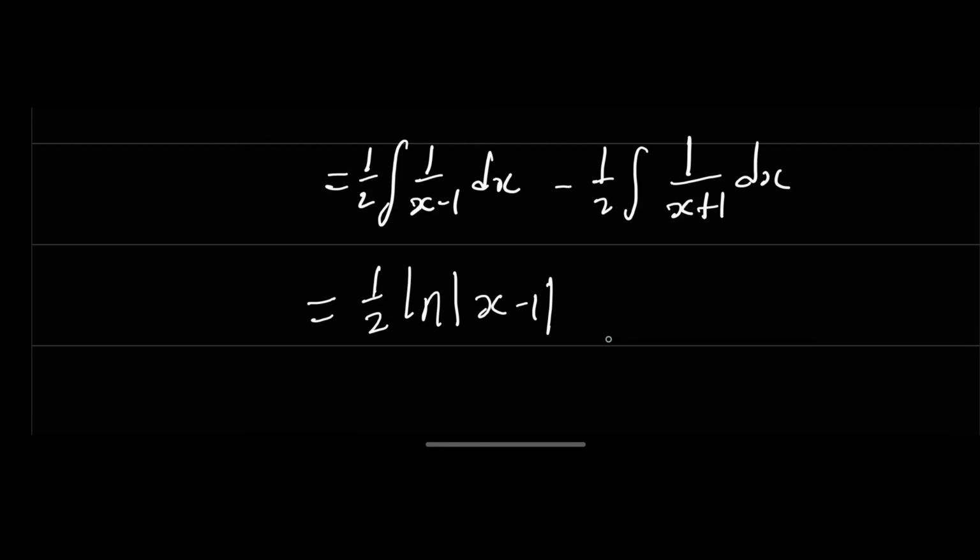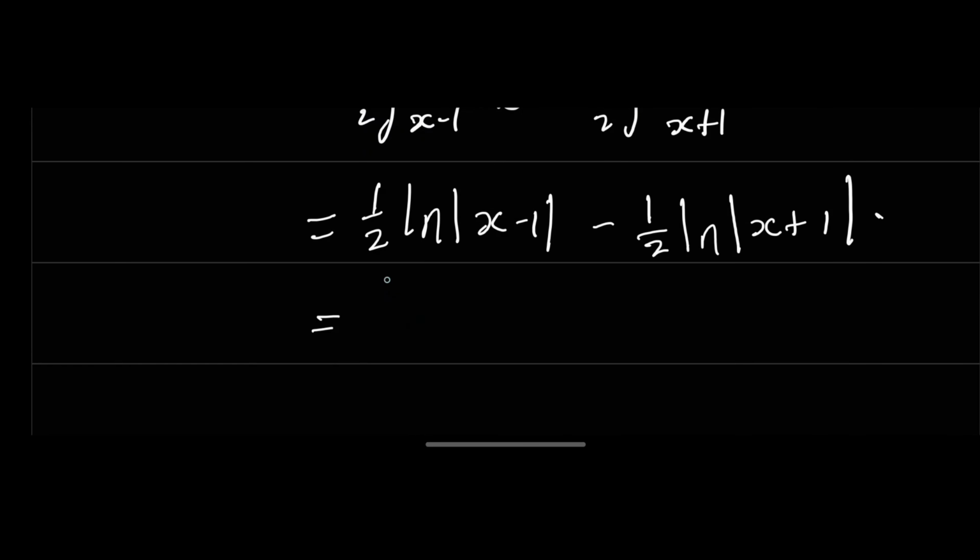We use the absolute value sign because we don't want the log function getting negatives. If it gets negatives, then the answer will be complex, and we don't like to extend the domain or the range to complex numbers.